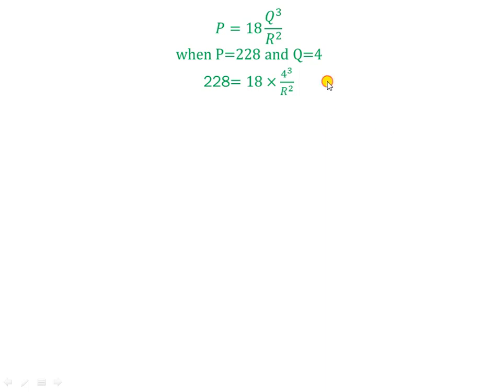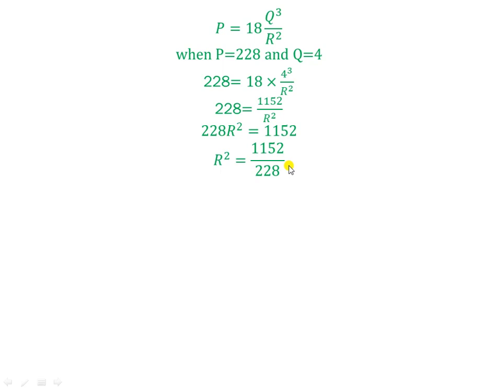Then by simple cross multiplication, or before we cross multiply, 18 by 4 cubed gives us 1152 out of r squared. Then by cross multiplication now, it gives us 228 r squared is equals to 1152. And if you divide by 228, it gives us r squared as 1152 out of 228.